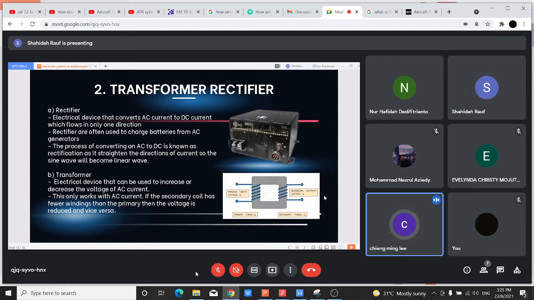Ideally, with two generators and two engines running, they will share the amount of power. Once there is one failure, you have to select to get power from one generator only. They share the load, but one generator is enough to supply all the electrical power to the aircraft.